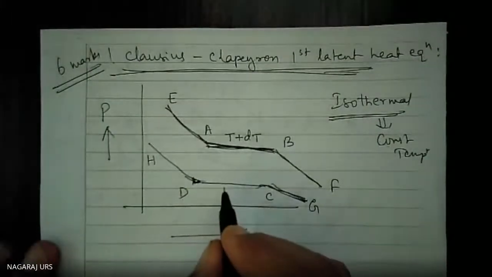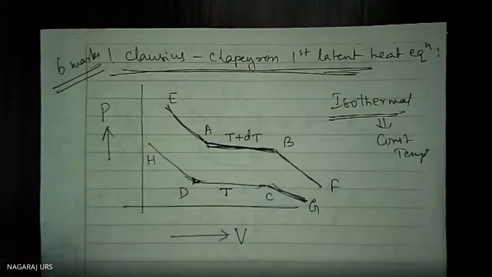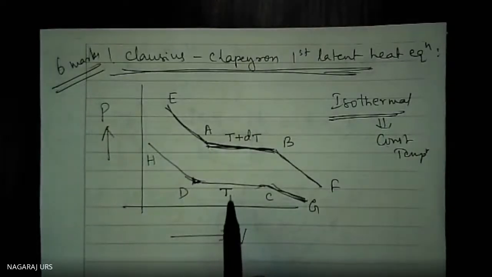This is an isothermal curve at a temperature equal to T, another isothermal curve at another temperature, capital T.